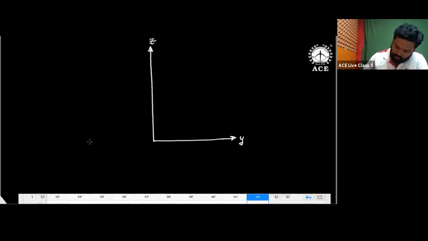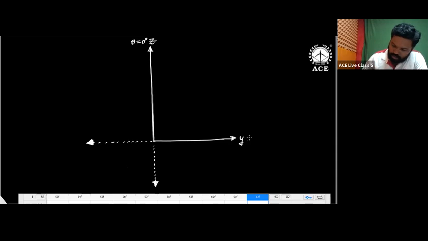Here it is Y. Clear? What is theta here?